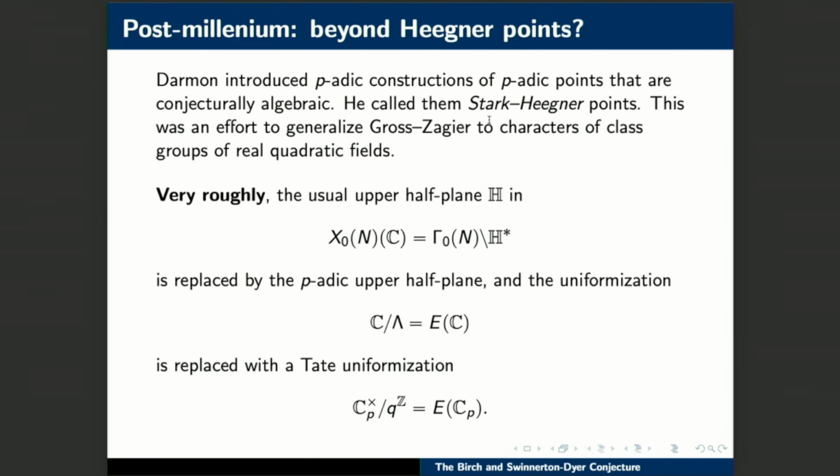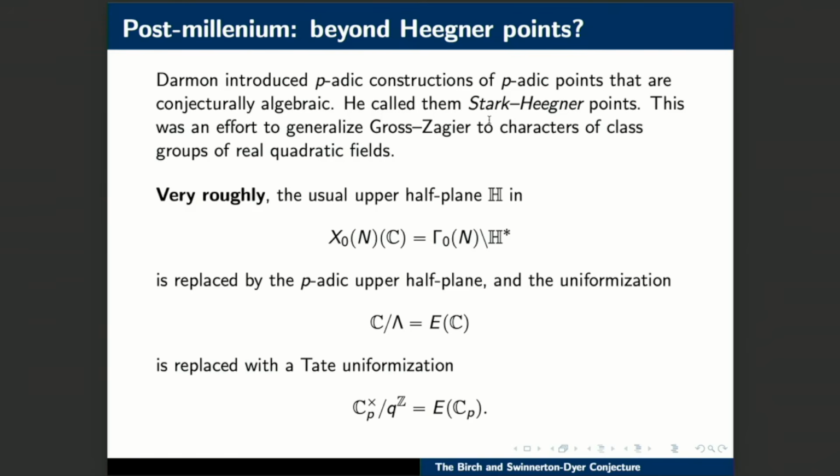Henri Darmon introduced constructions of p-adic points that should be algebraic, or are conjecturally algebraic. So if you recall, the Heegner points came from taking a complex analytic uniformization of the curve. And you had these points in the space that's uniformizing it, these elements in the upper half plane that are really in imaginary quadratic fields.